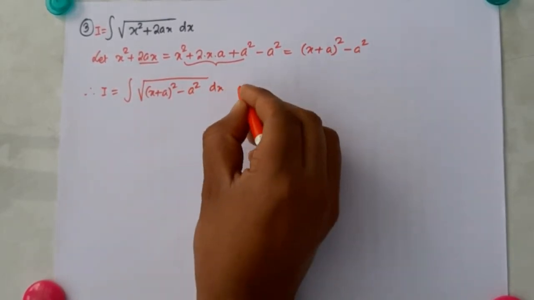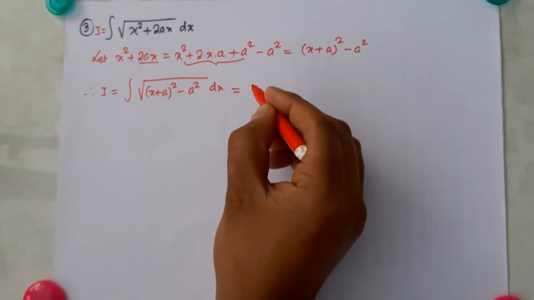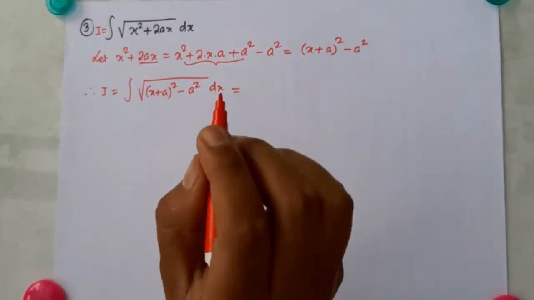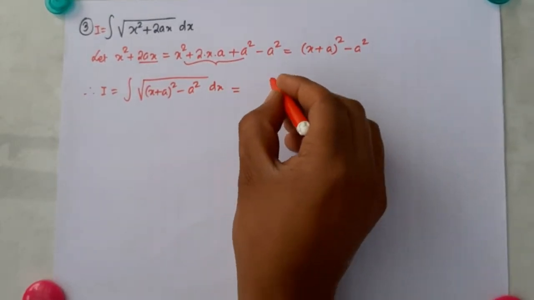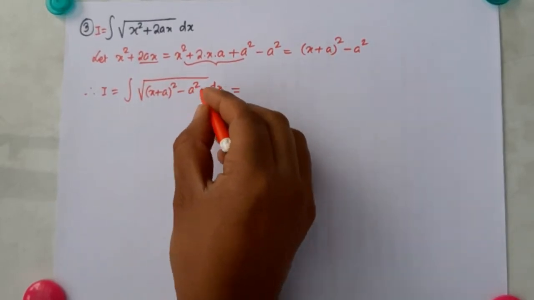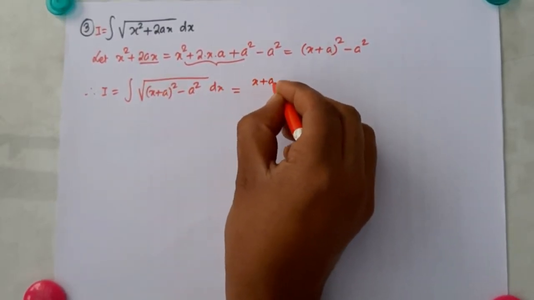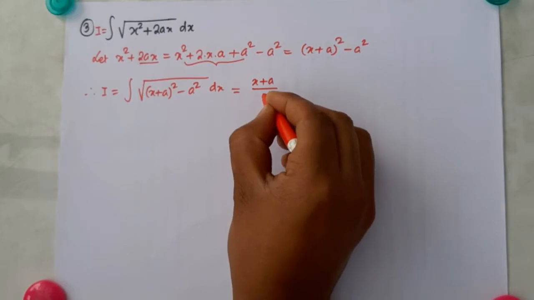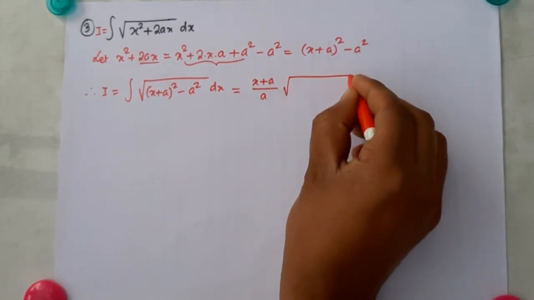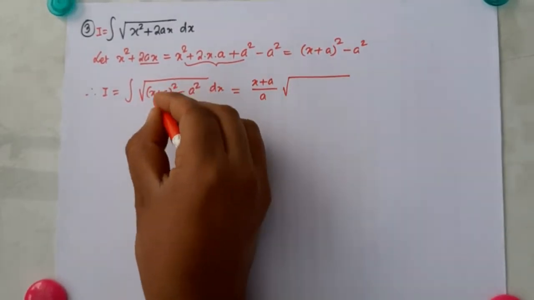Now which category does this fall under? This falls under your standard integral, the second one, isn't it? Which says x by a. So the formula says x by a. So x is x plus a, by a, times square root of x square minus a square. That is the very same thing.